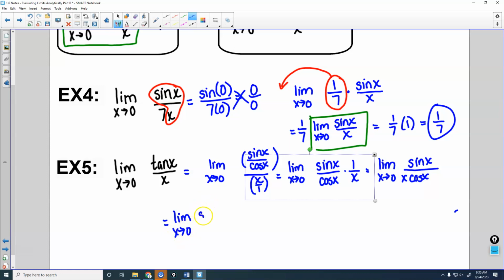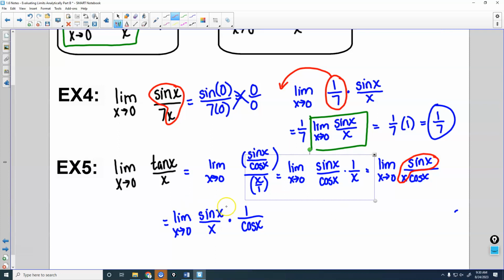I can do sine x over x, and then I can do times 1 over cosine x. What I'm looking for is, I see, oh, I've got a sine x over x right there, but I have that extra cosine, so I'm just going to split these apart. I can do that because it's all multiplication there.